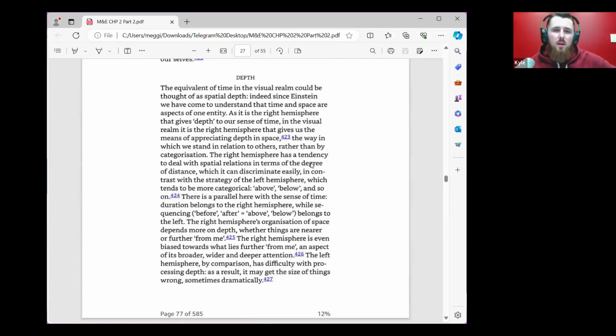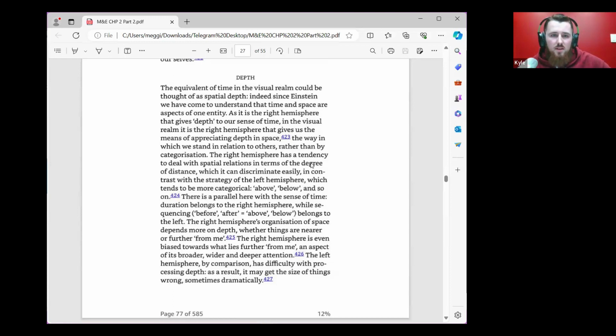Okay, so the equivalent of time in the visual realm could be thought of as spatial depth. Indeed, since Einstein, we have come to understand that time and space are aspects of one entity. As it is the right hemisphere that gives us depth, our sense of time in the visual realm, it is the right hemisphere that gives us the means of approaching depth in space, the way in which we stand in relation to others rather than by categorization.